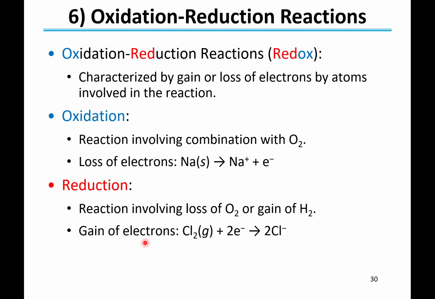Why it's called reduction is that when you're gaining electrons, your oxidation state is going down. The oxidation number is going down. So that's where the term reduction comes from, even though you're gaining electrons.